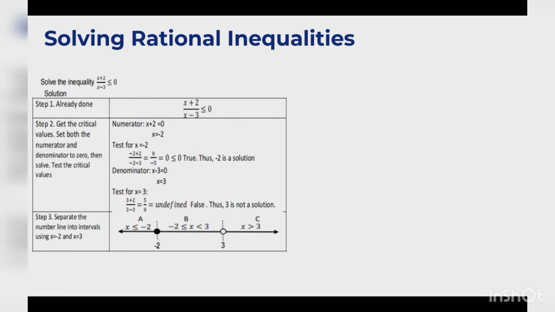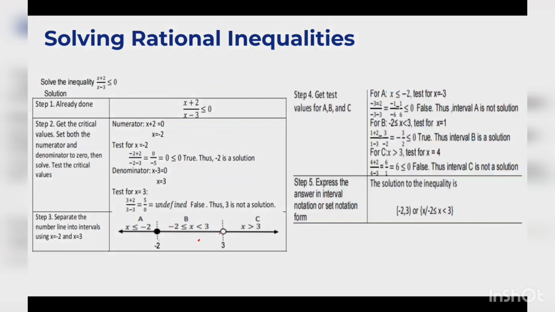And then for the third step, we had our number line and separated it using the critical values to form intervals. And then for the fourth step, we'll check if each interval is included in the solution. And once you have done all that, we can now write the solutions using the set notation or interval notation.